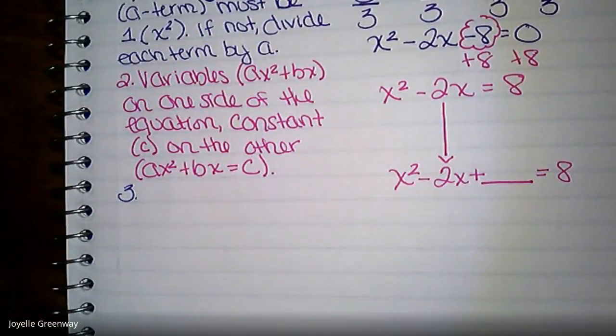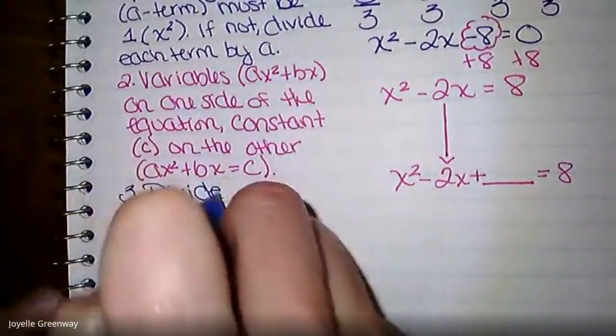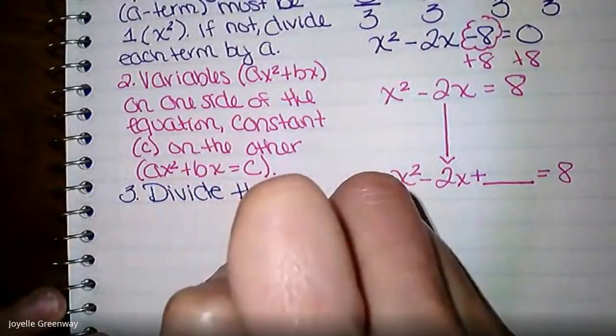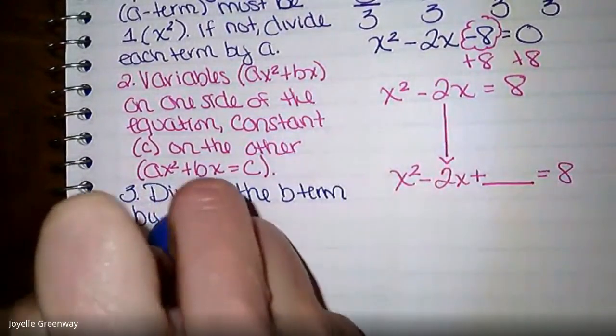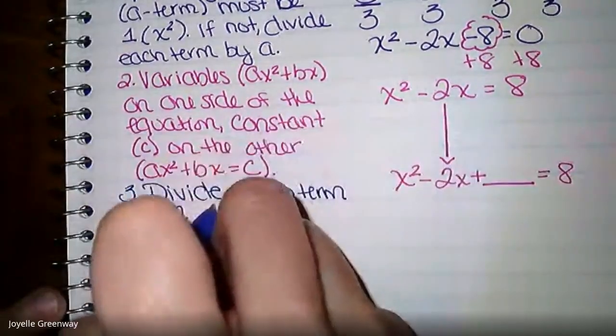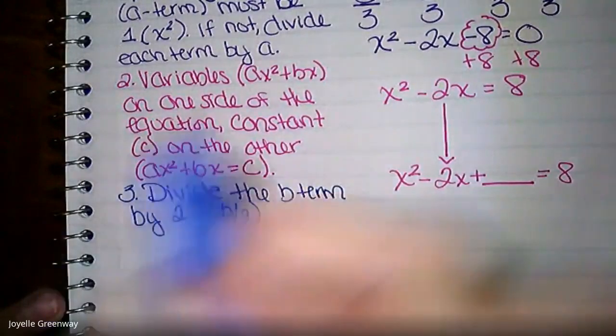So step 3 is divide the b term by 2, right? So that's taking b, dividing it by 2.